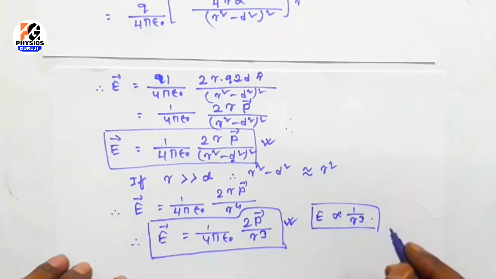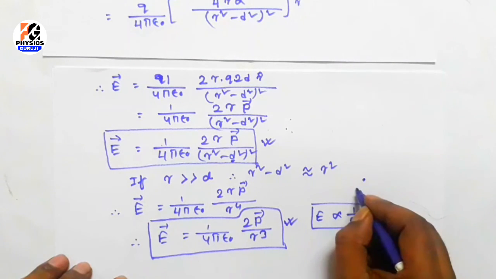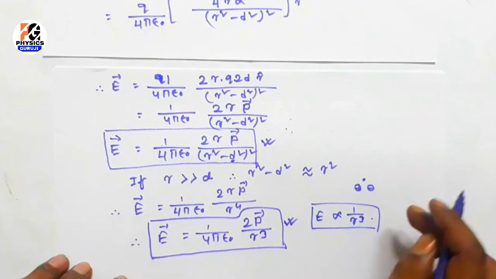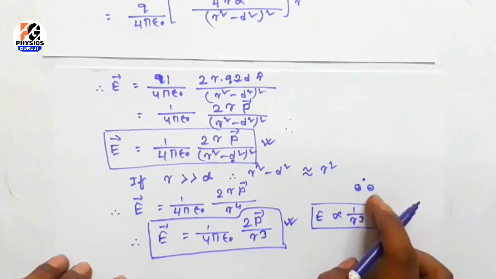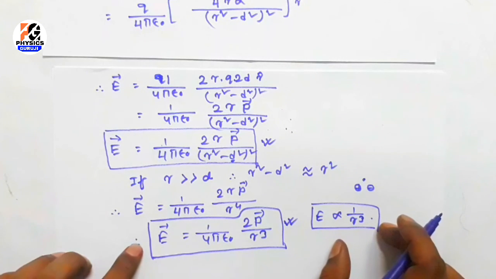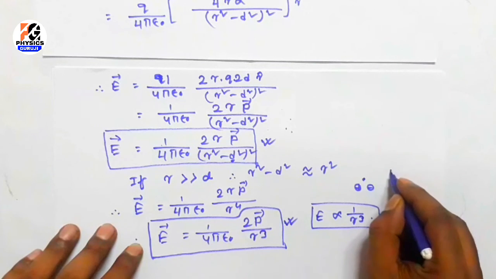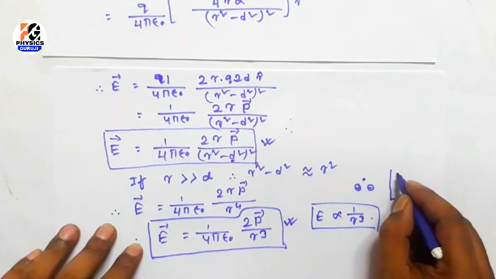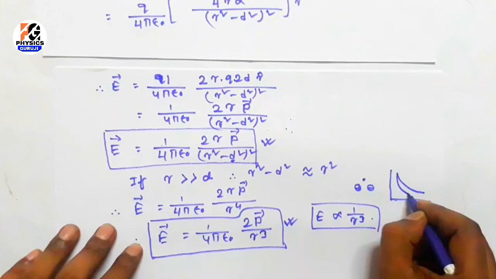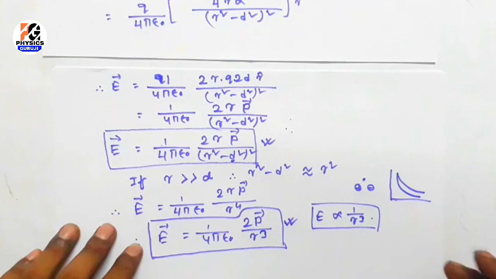If you have a single charge or a dipole, the variation of the field is not the same, because for a charge the variation is like this, whereas for a dipole the variation changes more rapidly.